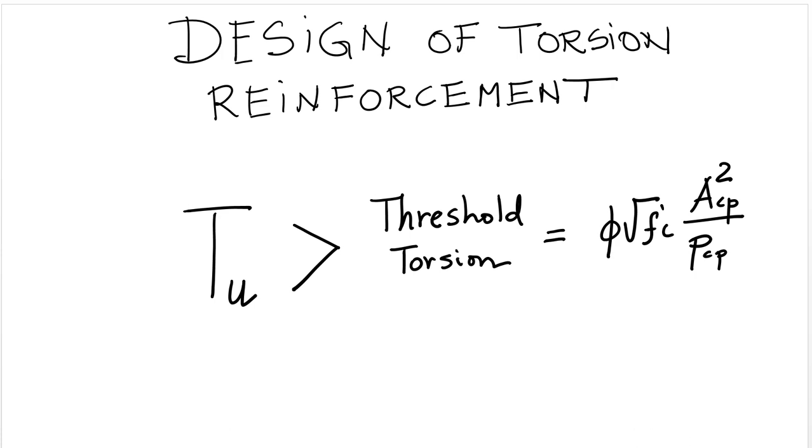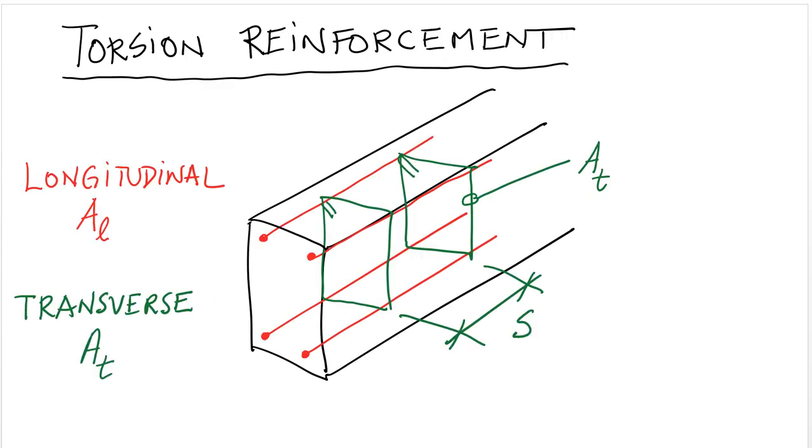F prime c is the compressive strength, and phi is 0.75. So whenever the applied external factored torsion is greater than the threshold torsion, we need transverse reinforcement and longitudinal reinforcement to resist torsion. So this leads us to the two types of reinforcement that ACI accepts or recommends for torsion reinforcement.